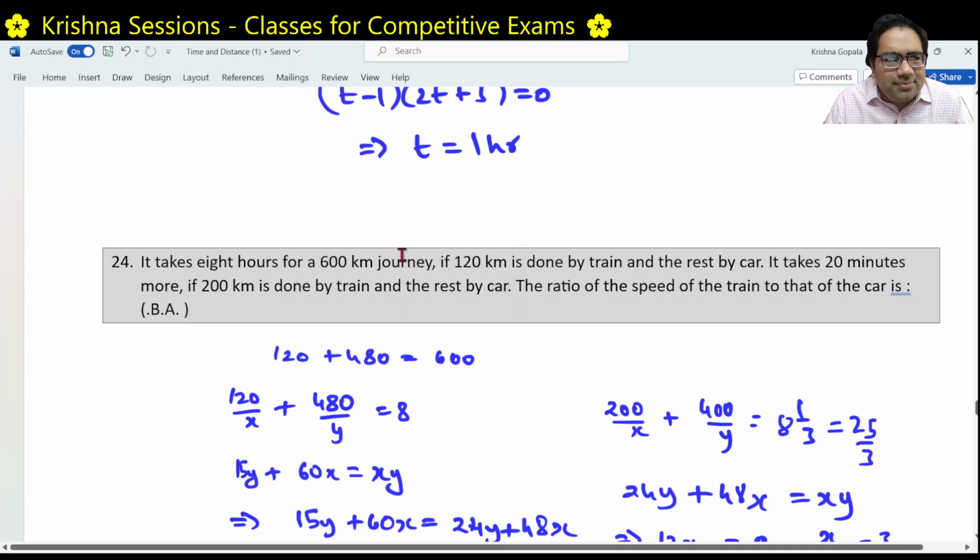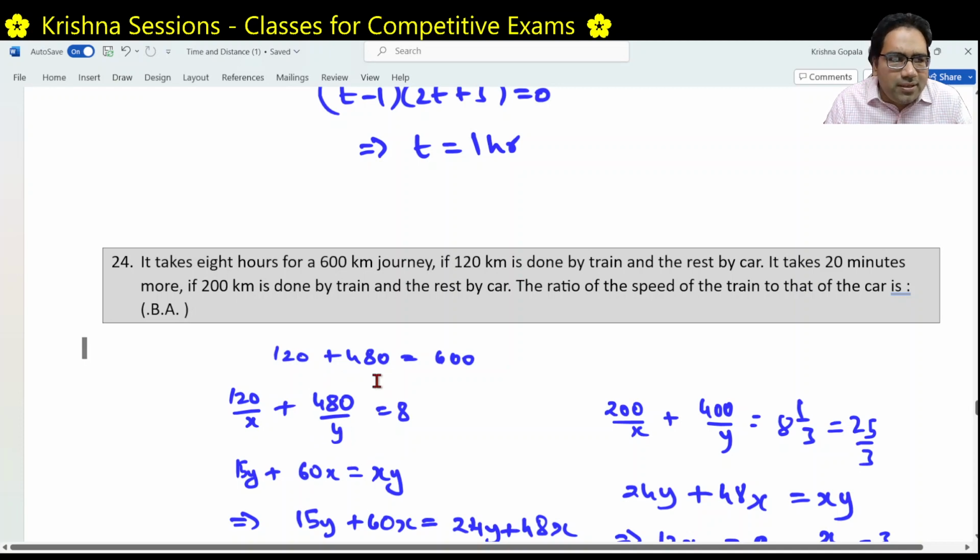Let's assume x is the speed of train and y is the speed of car. What is the time taken for the train then? The distance covered by train divided by speed of train. So the time for train is equal to 120 by x. Similarly, the time of car is distance covered by car by speed of car, which is equal to 480 by y.